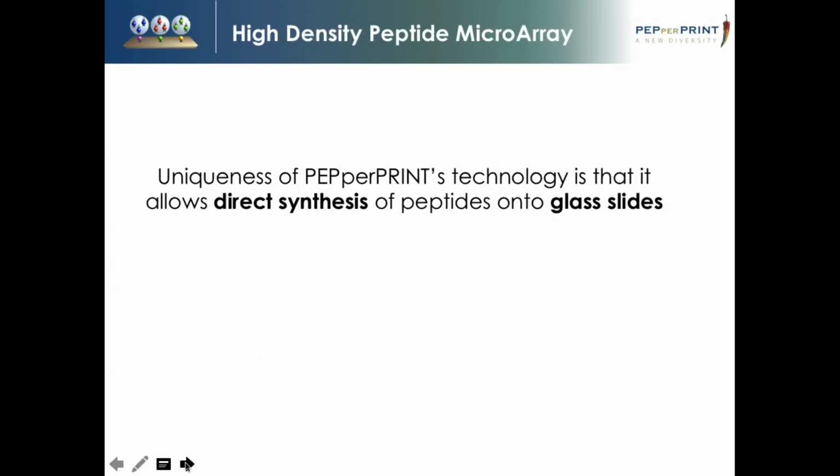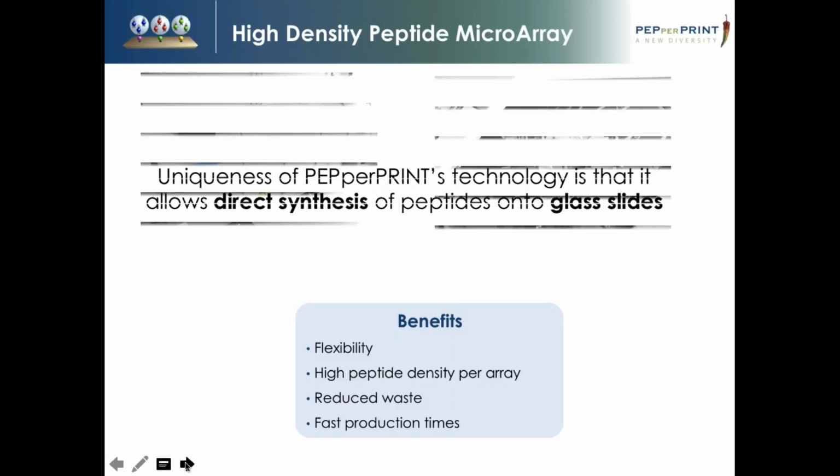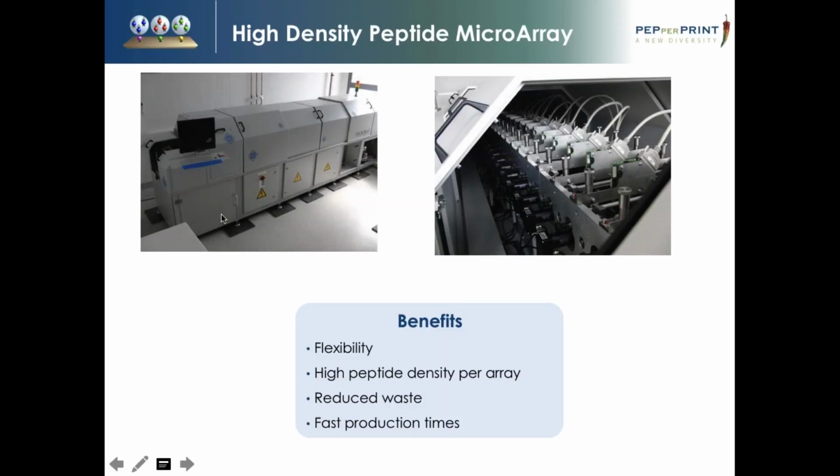So the uniqueness of PEPperPRINT's technology is that it allows direct synthesis of peptides onto glass slides. So this allows the benefits of high flexibility in terms of its peptide content, high peptide density per array, dramatically reduces material consumption, and has fast production times. So briefly how it works is we have this large peptide microarray printer. It's around 4 to 5 times the size of a normal office laser printer.